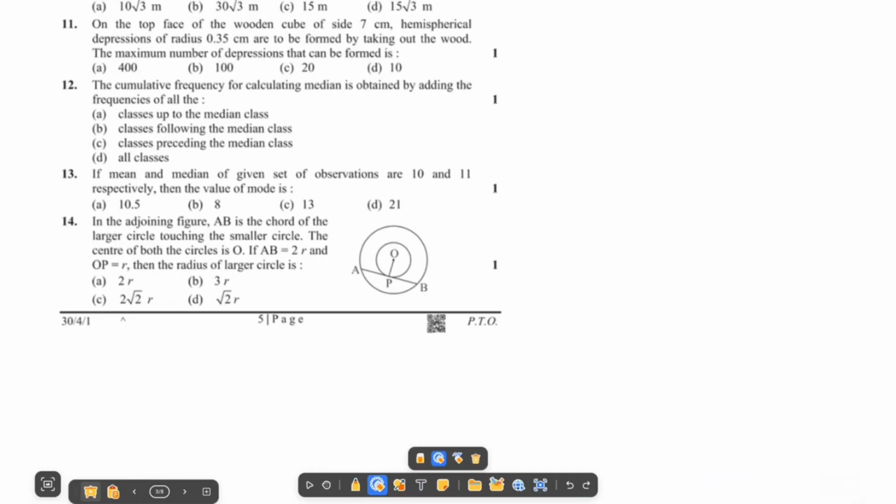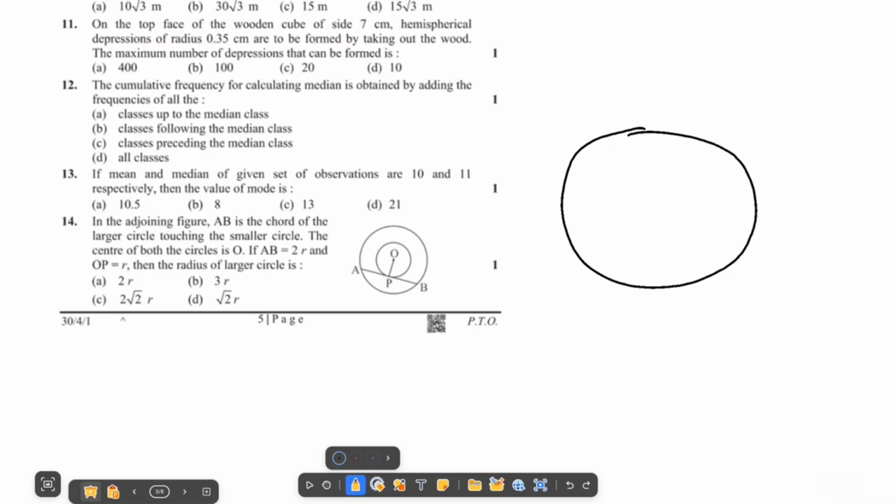So, let's draw the figure again. So we know that AB is the tangent to the smaller circle. The point of contact is P. AB is the tangent to the smaller circle at P. We know that the angle between the radius and tangent is 90 degrees.